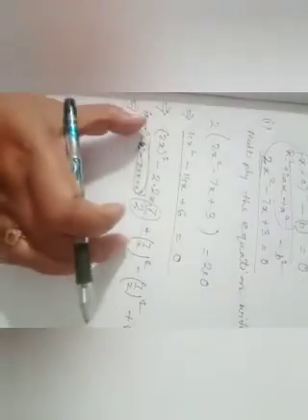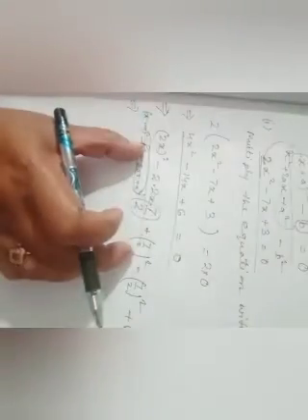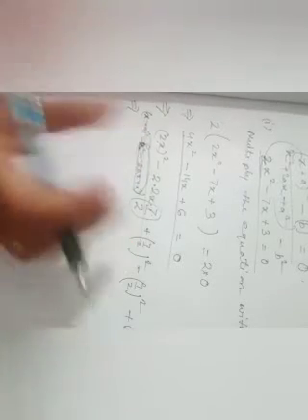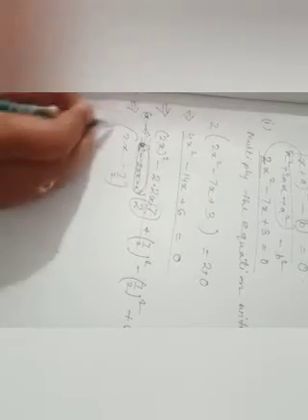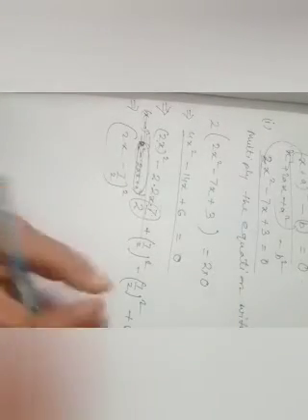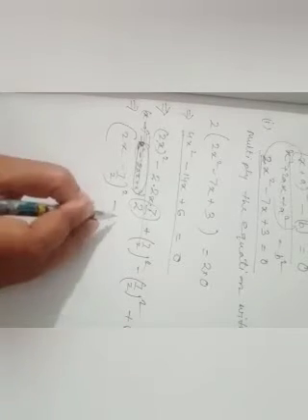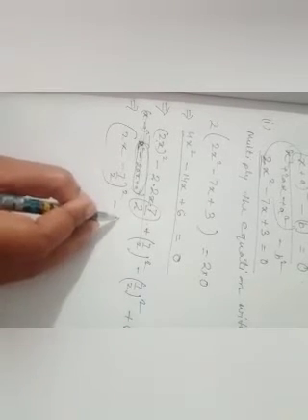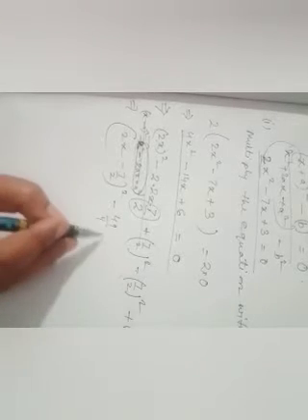Only take this much portion of the equation and make it a complete square. So 2x minus 7 by 2 whole square. Now simplify the remaining portion. 7 by 2 whole square is 49 by 4. So minus 49 by 4 plus 6 is equal to 0.